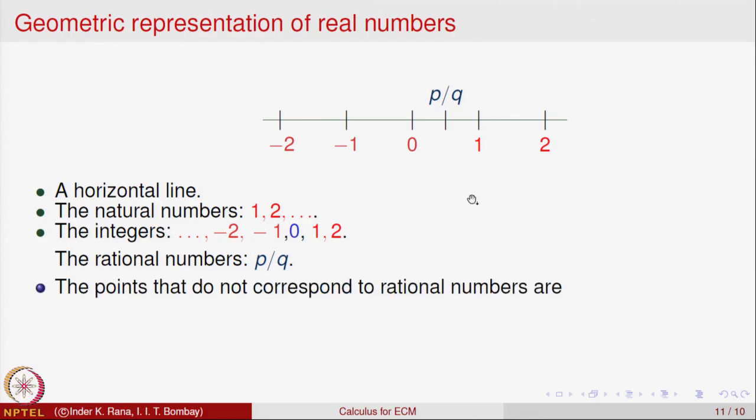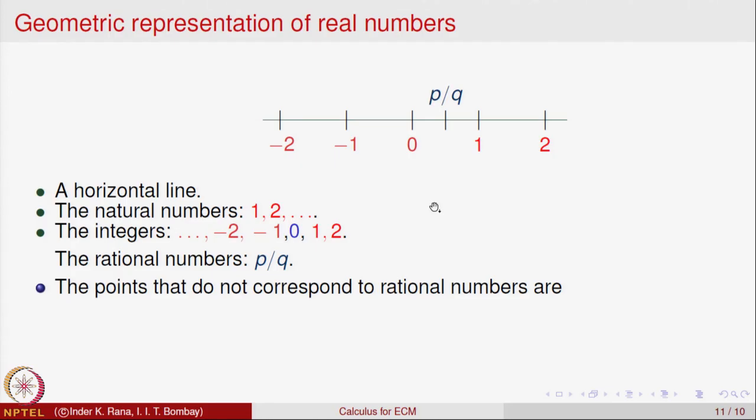So, this way every fraction gets represented by a point on the number line. So, what we have done is we have put fractions, rationals, on the number line. The question is, does this fill up the whole of the number line? That means, can I say conversely every point on the line gets represented by a rational? That claim is not true, and that was the beginning of the discovery of real numbers.